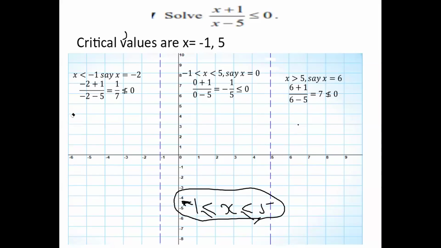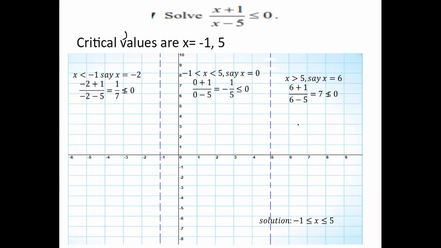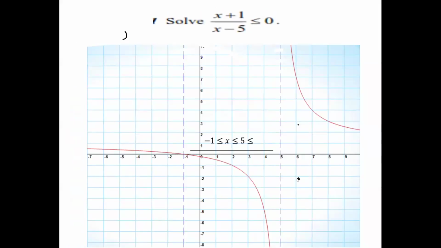Just give me a moment. Okay, I do have this, but I'm not sure about the equal sign there. I'm going to explain why in a moment.